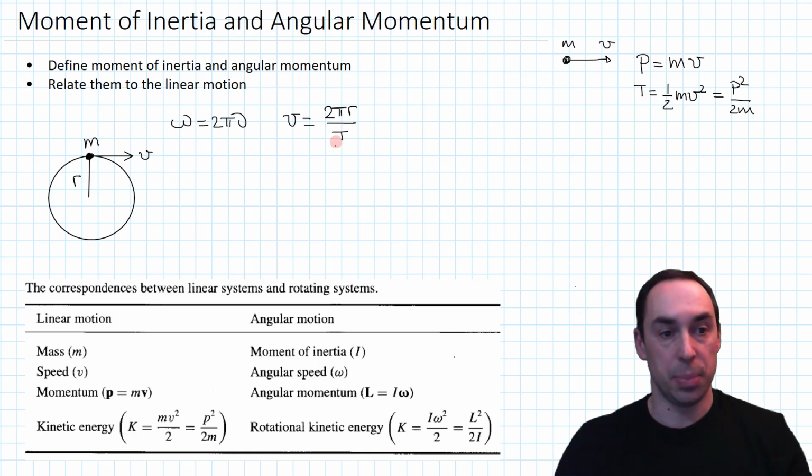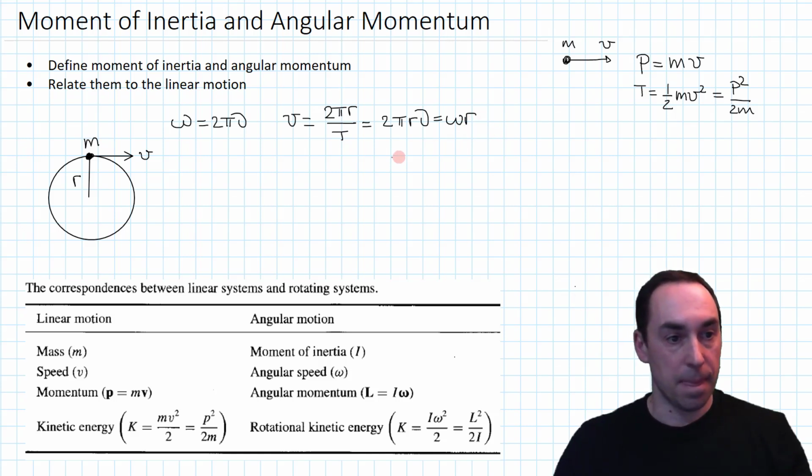It's the period. So what's the period? It's 1 over the frequency. So we have that the velocity is 2 pi r times the frequency. And we know that 2 pi times frequency is omega. So the velocity of the particle is just omega r.